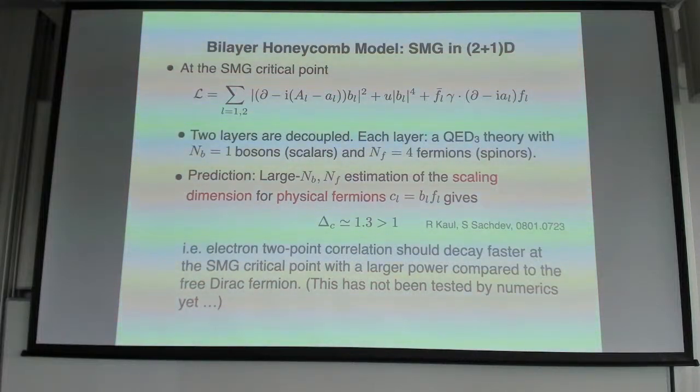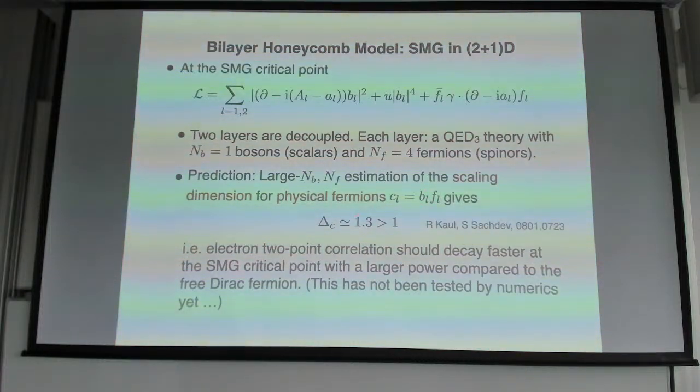But then, with this gauge theory, we can take this theory, and in each layer, the 2 layers are basically decoupled. Each layer is a QED3 theory with 1 flavor of scalar field and 4 flavors of spinor field. And then there have been works on how to do a large N analysis by pushing this N_B and N_F to large limits, and then try to estimate the scaling dimension of the physical fermion c as a composite particle of b and f.